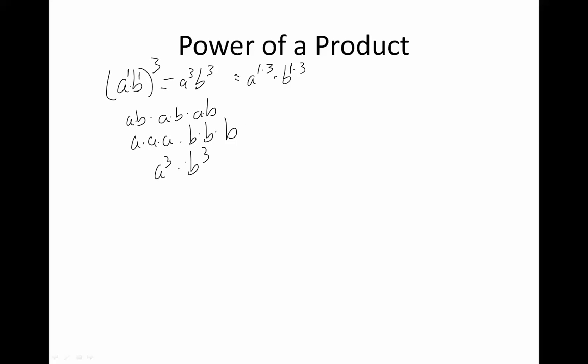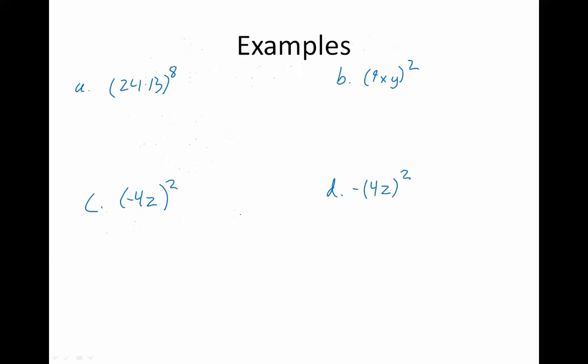In other words, every power inside those parentheses was taken to the 3rd power. Or in general, a to the n times b to the n, all to the mth power, makes a to the n times m, b to the n times m, right? Everything's being multiplied.